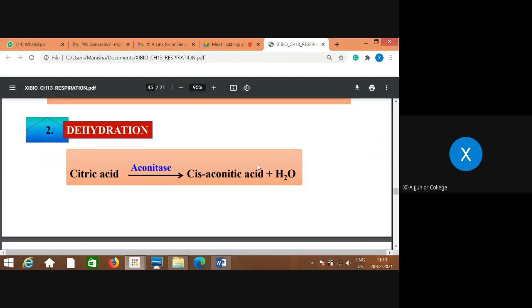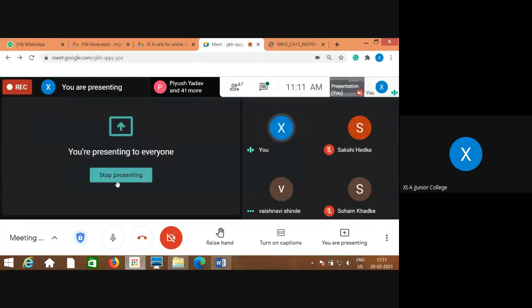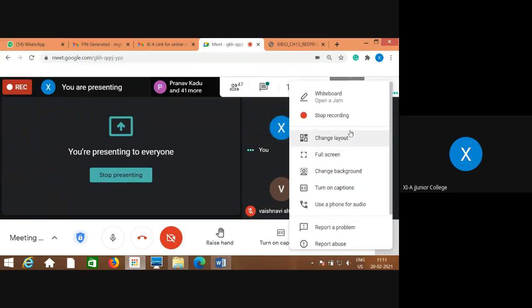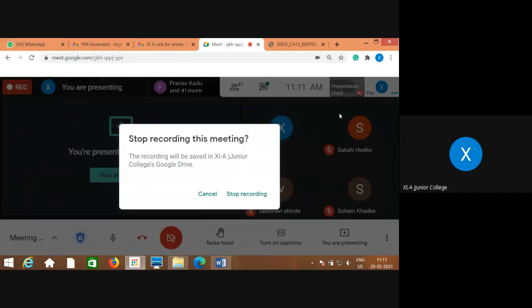So this is the last part of oxidative, that is the electron transport chain. If you have the textbook in front of you, then just keep it open, and I will come back to this main screen where I will stop my recording also if needed.